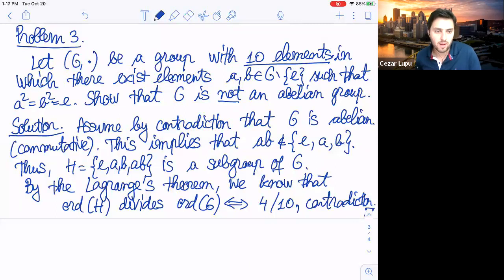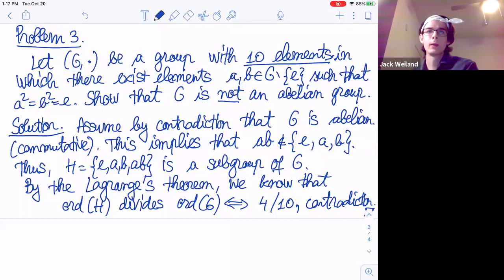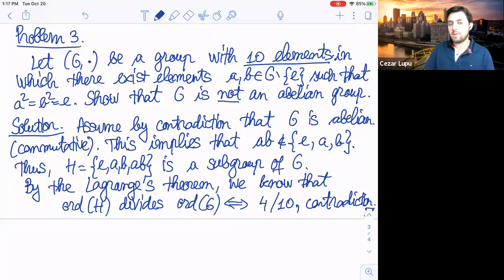The dihedral group. Yeah. That's actually a good thing. Maybe you should see how the problem looks. If you come up with an example to see how the example fits into the problem, then it's even better. But it's just a direct application of Lagrange's theorem.